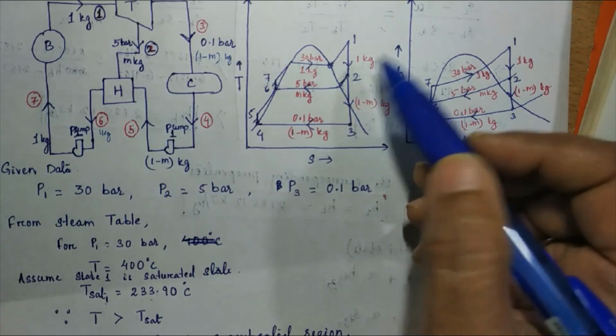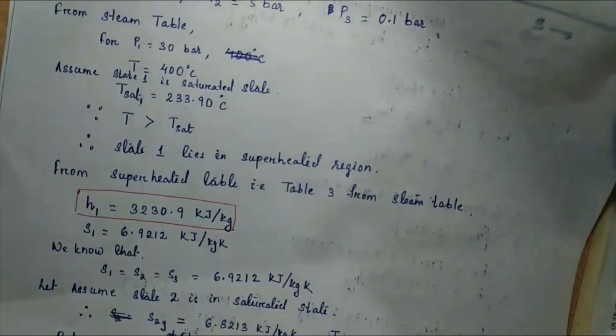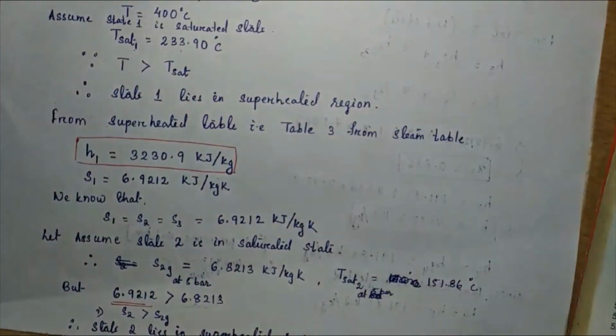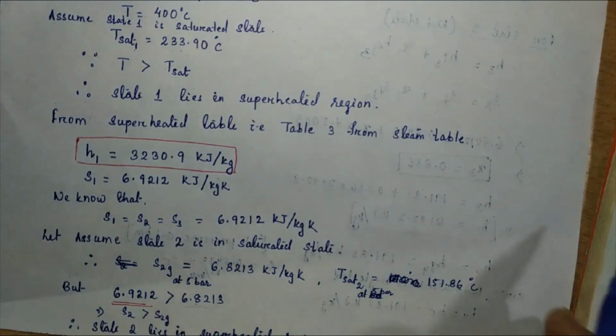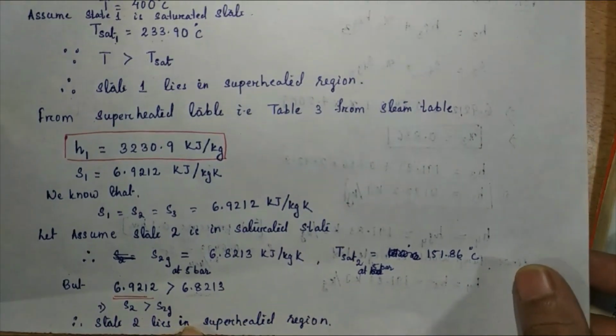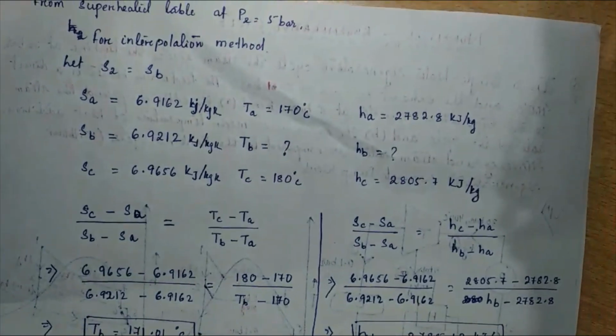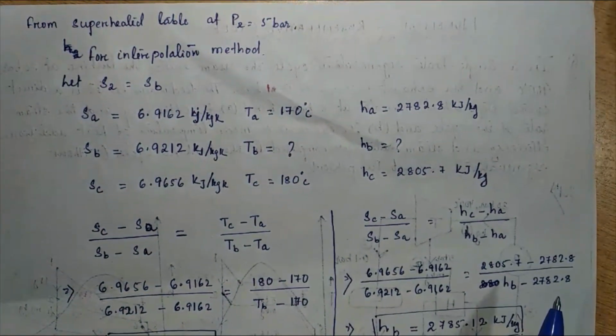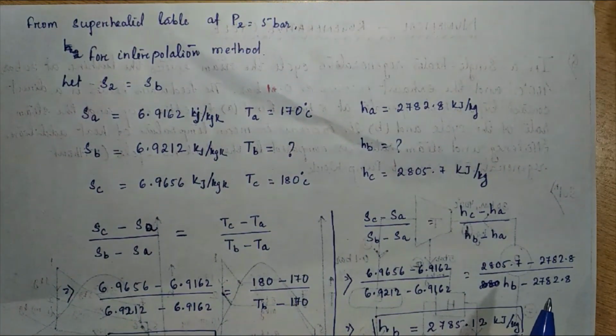That's why state 2 lies in the superheated region. So here we can prove that as 6.9212 is greater than 6.8213, state 2 lies in the superheated region. Right? So next we have to find out the enthalpy of state 2.